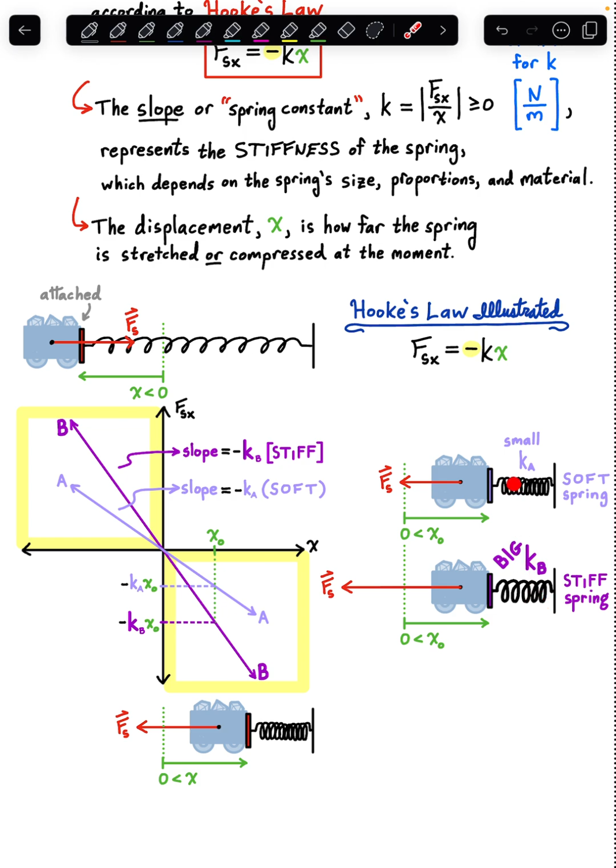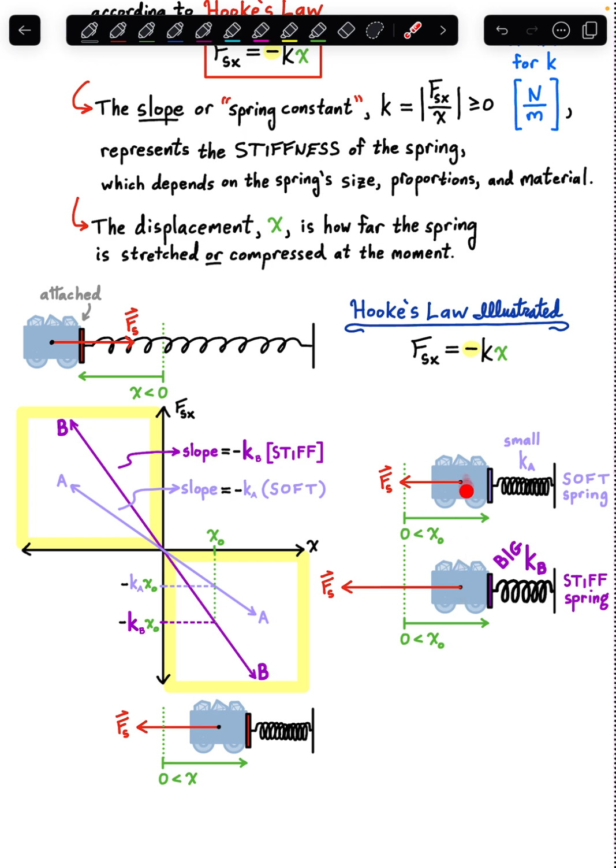And I'm showing here that both of these springs have the same natural length. Suppose that when they are uncompressed, both springs have their left ends located here, lined up, so that at the moments depicted, this incoming cart has compressed the soft spring a certain distance, x naught, and it's compressed the stiff spring that same distance, x naught.